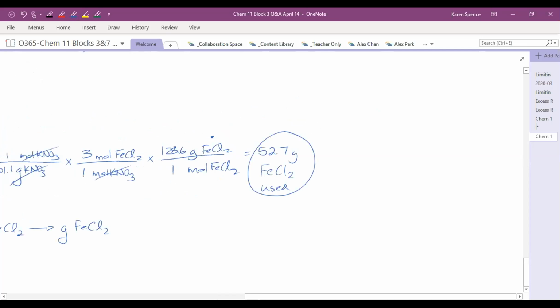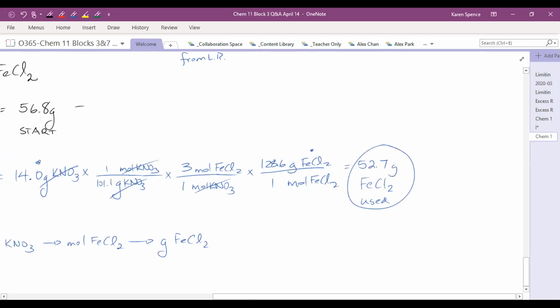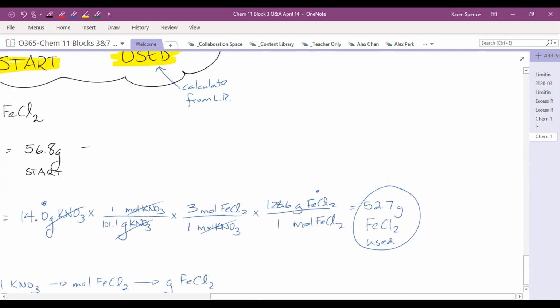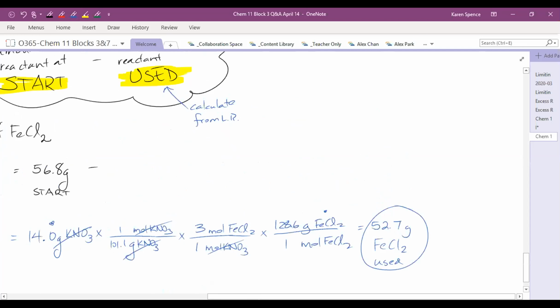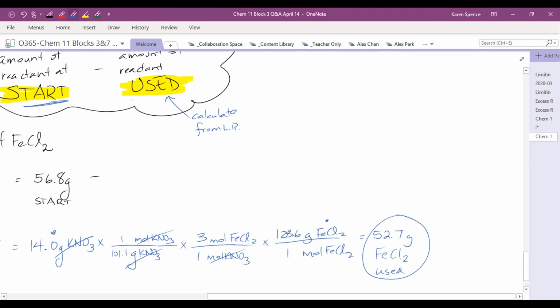Oh, so exhausting, these questions, I tell you. And we're taking the amount of reactant at the start and subtracting the amount used. The amount used was 52.7 grams used. Do our subtraction, and we get 4.1 grams. And because we're subtracting, we go to our first uncertain digit, which is in the 10th position. So our final answer will have 2 sig figs. Goodness me.